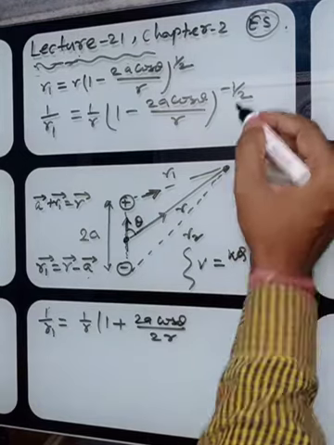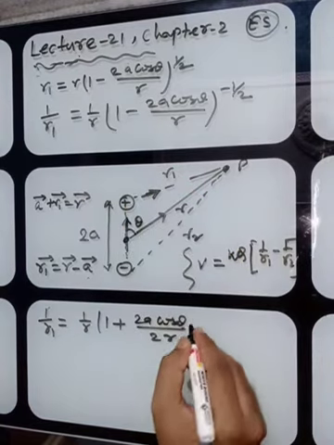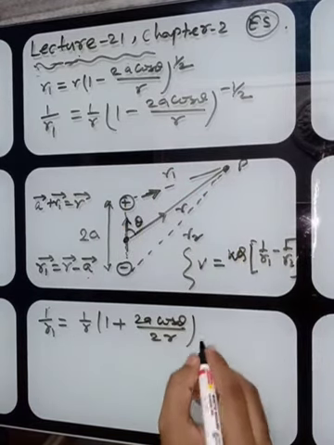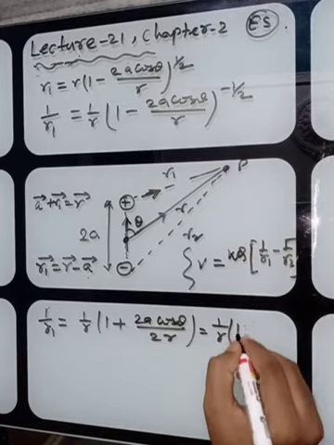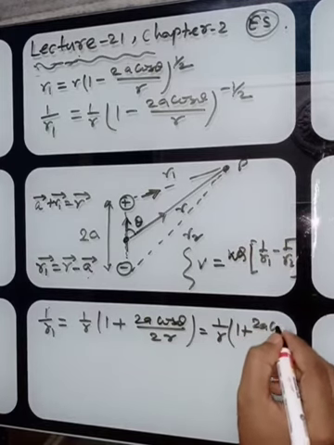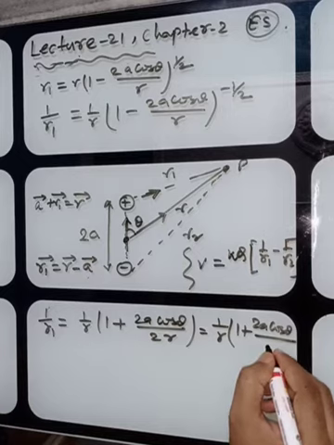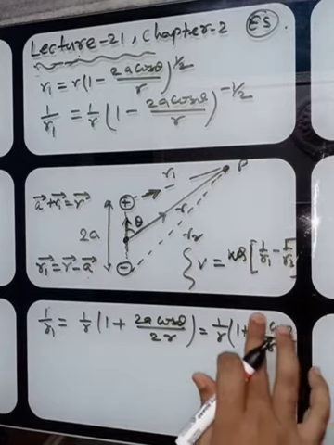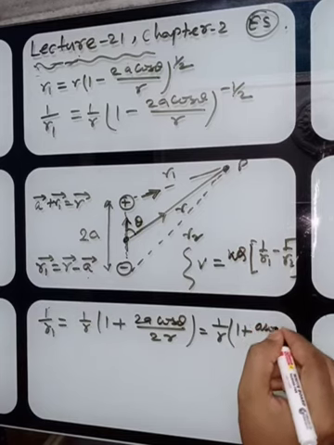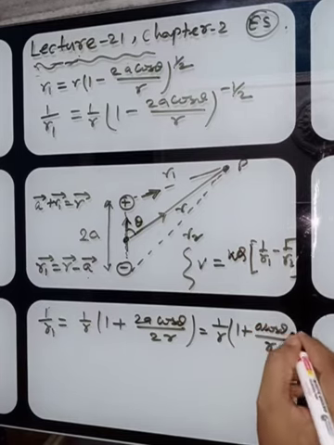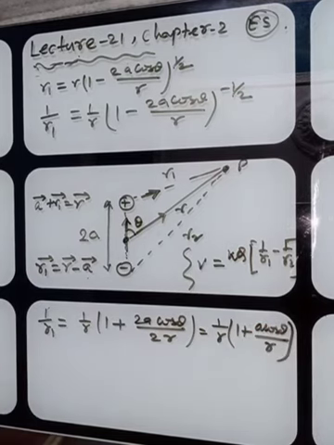How this 2? This 2 will multiply with denominator and 2 will be cancelled out. Overall we are getting here 1 by R times 1 plus A cos theta over R.